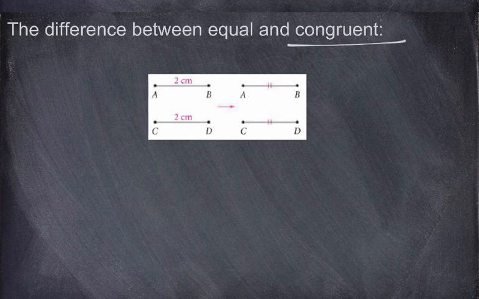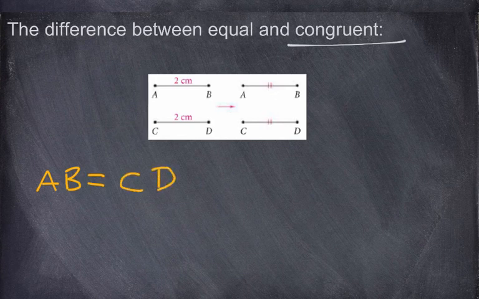Now, labeling is very important. So the left side, I'll go ahead and do in yellow. Notice that it says AB is 2 centimeters and CD is 2 centimeters. So what we can do is we can say the length of AB is equal to the length of CD.